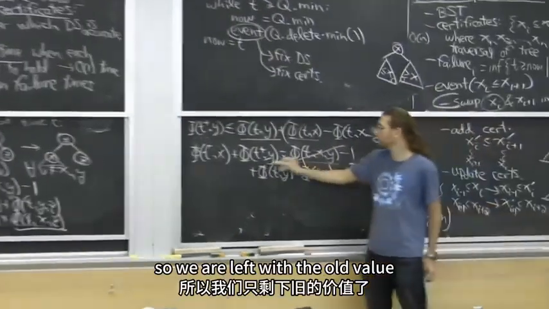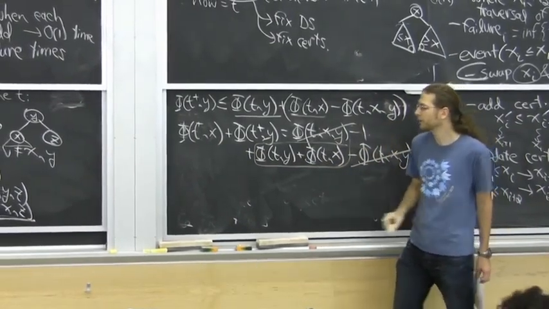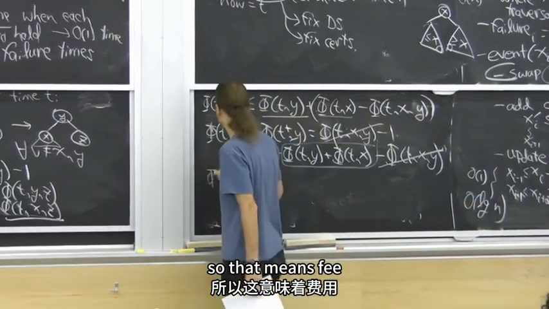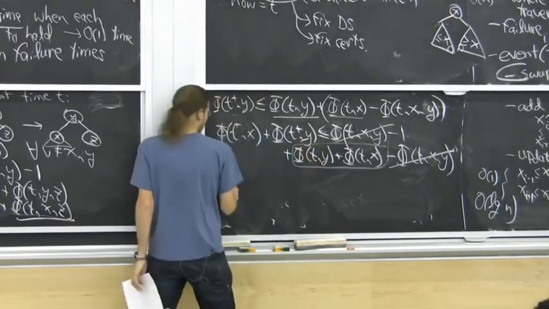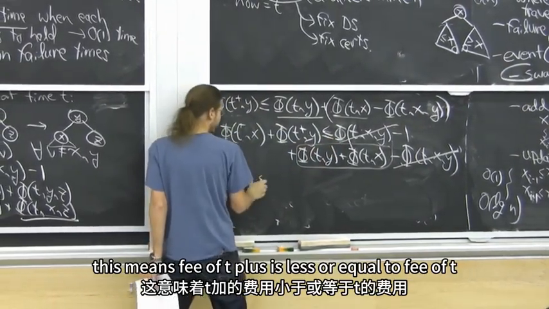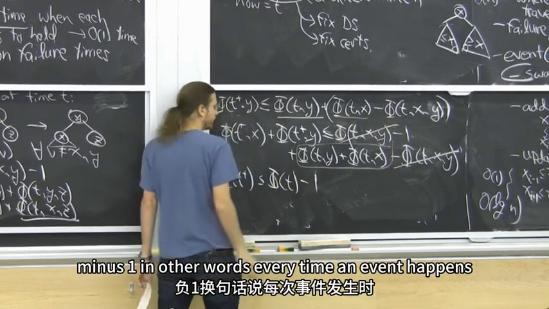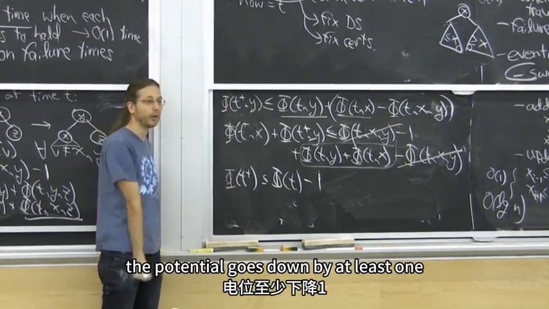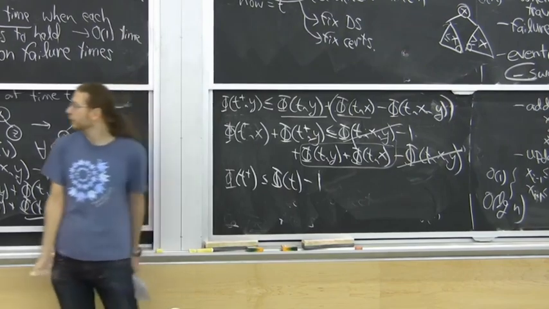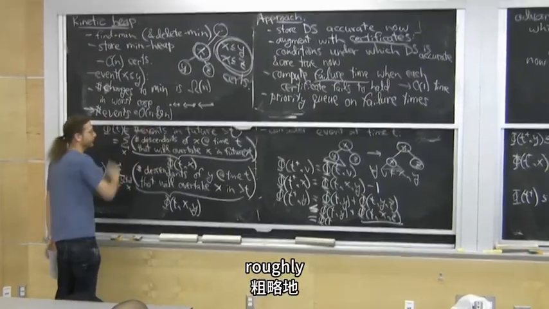So we are left with the old value, phi of tx plus phi of ty, minus 1. So that means phi of t plus is less than or equal to phi of t minus 1. In other words, every time an event happens, the potential goes down by at least 1. This is basically confirming this intuition, but roughly.